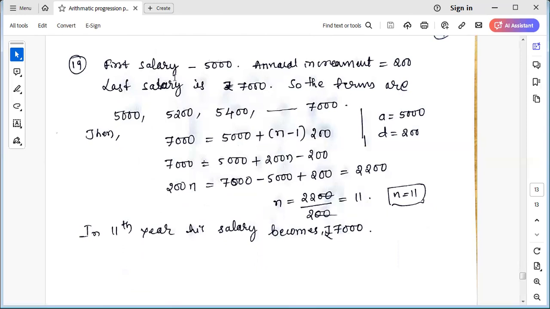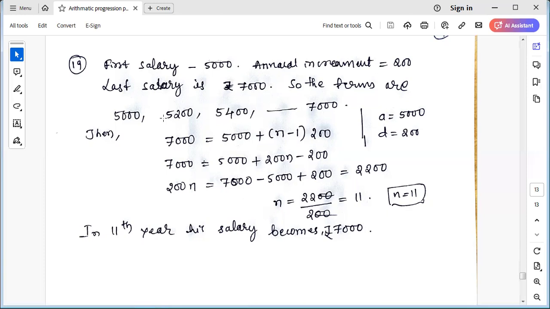So the solution for this problem 19 is like this. First salary is 5,000, annual increment is 200, last salary is 7,000. The terms of this AP are like this. First term will be 5,000, because this is his first salary.